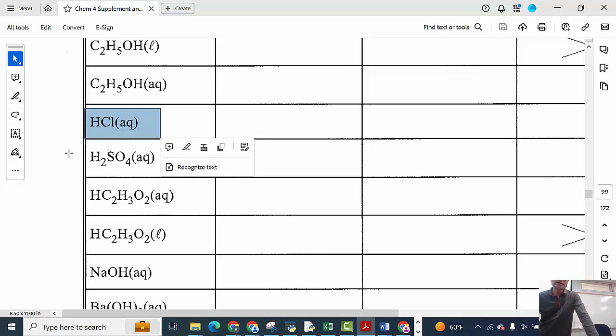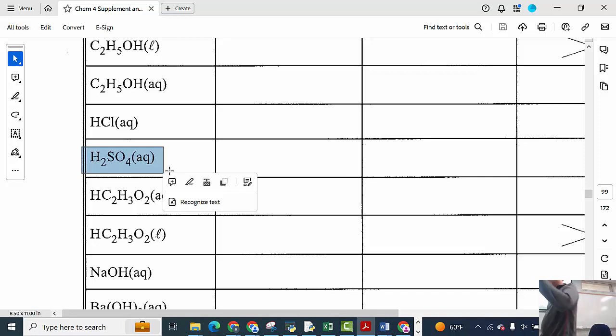All right, what's next? Pure HCl is a gas, and we call it hydrogen chloride. But in this mixture, we call it an acid. Acids begin with H, the element.